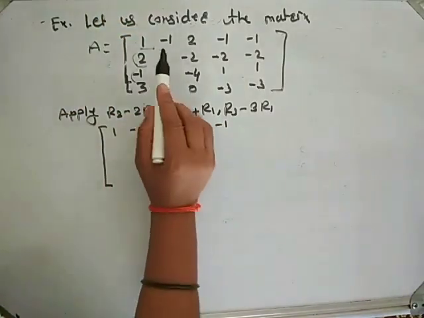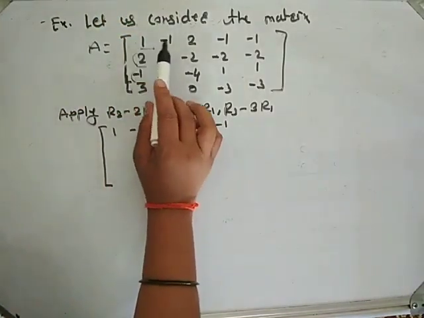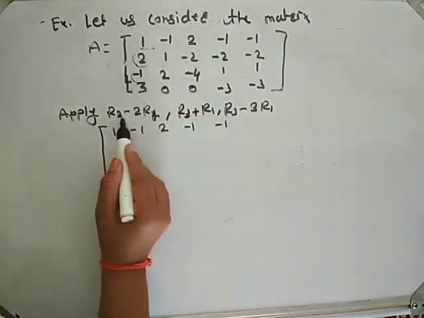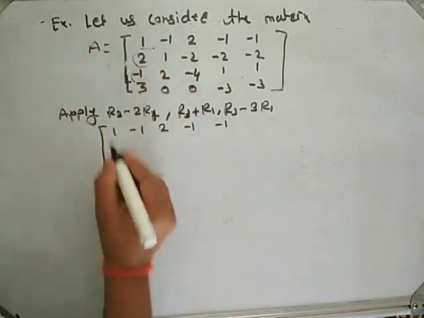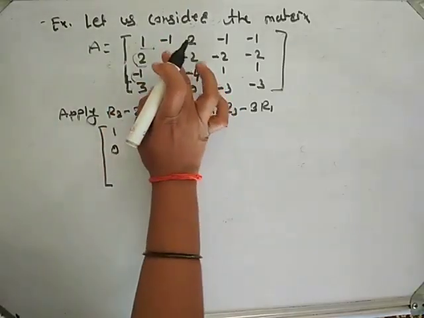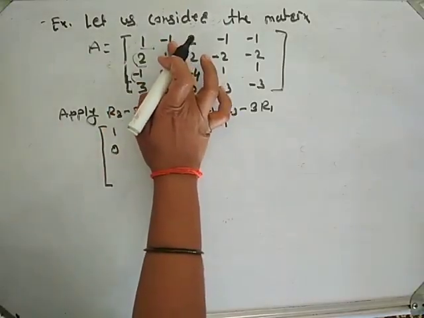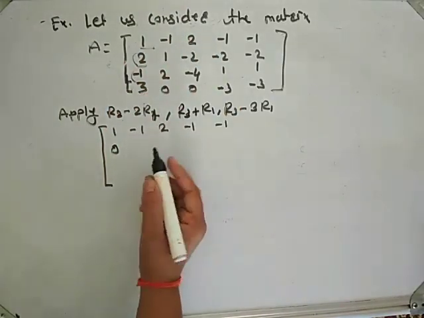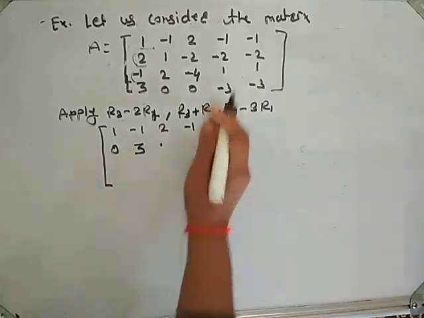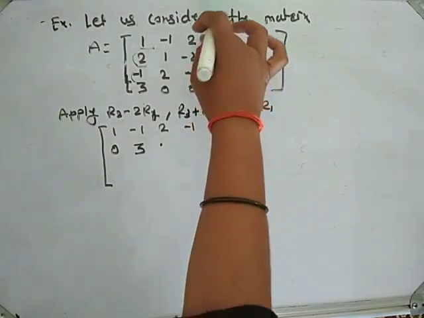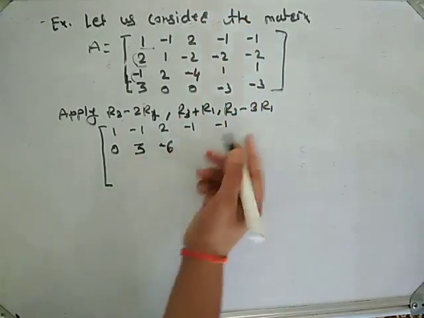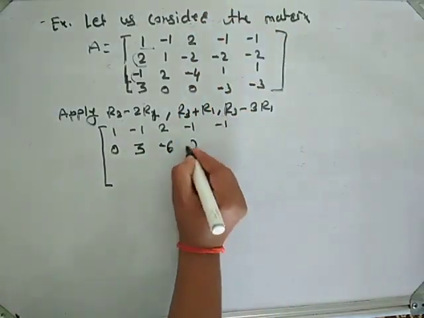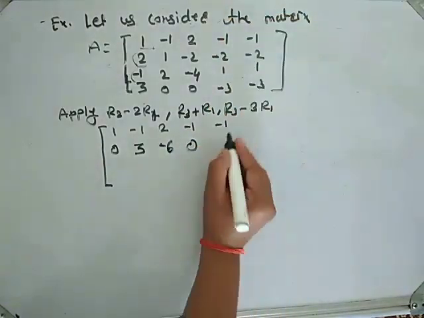Means what? Multiply all entries of R1 by 2 and subtract from R2. So 1 minus 1 into minus 2 is plus 2, so 1 plus 2 is 3. Minus 2 minus 4 is minus 6. Minus 2 plus 2 is 0. Again minus 2 plus 2 is 0.